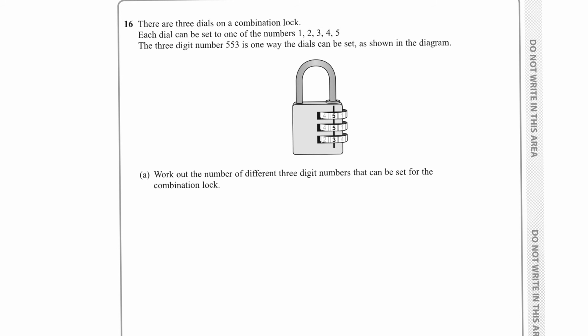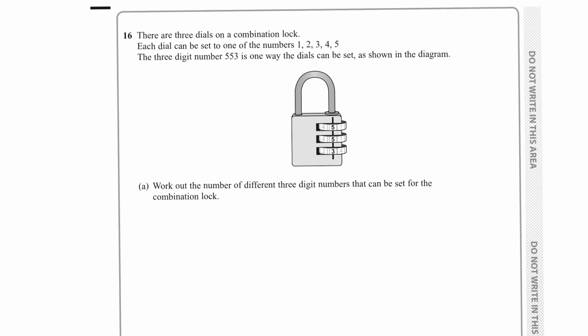In this case, the total numbers that you can use is 5, because we've got 1, 2, 3, 4, 5, and you cube that, because it's a 3-digit combination. So that'll be 125, the number of different 3-digit numbers that can be made from the set.